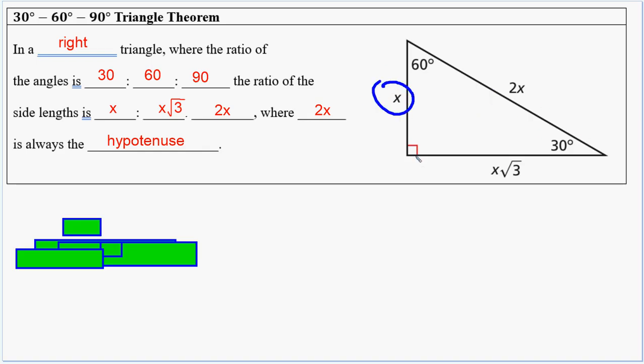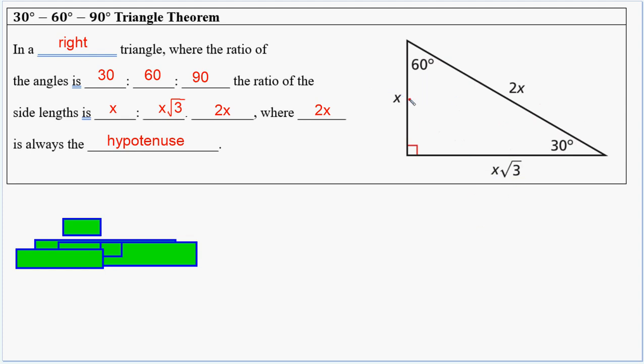I'm back on the short leg and I want to jump to the long leg. Well, I take the short leg and multiply by root 3. If I'm on the long leg and I want to jump back onto the short leg, I divide by the root of 3.